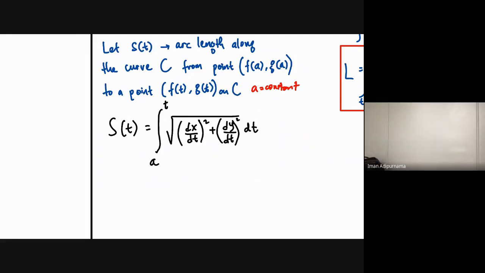So the same thing, if you differentiate s, you will find v, velocity. And remember, to differentiate the integral, you need to use the fundamental theorem of calculus. I hope you still remember.